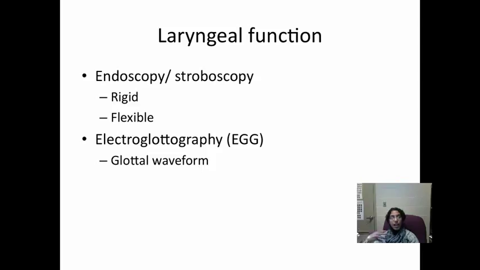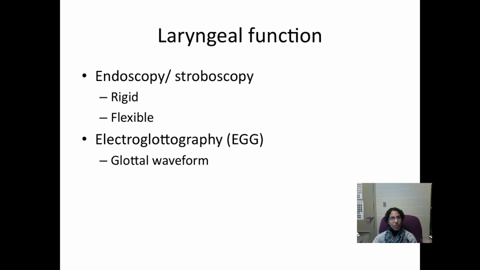EGG is another measure of laryngeal function, which gives us an idea of the glottal waveform: the opening phase, the open phase, the closing phase, and the closed phase. It uses an electric current passing between the two vocal folds, with two electrodes placed on either side of your neck on the thyroid lamina. It also gives us some information about what's going on with the vocal folds.